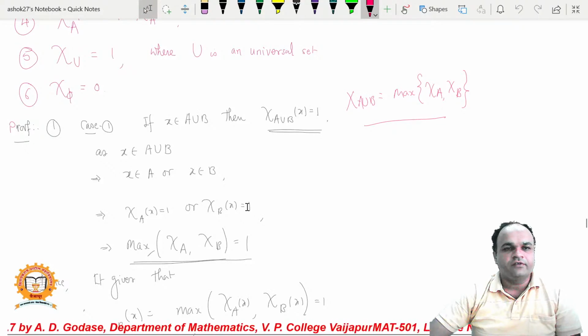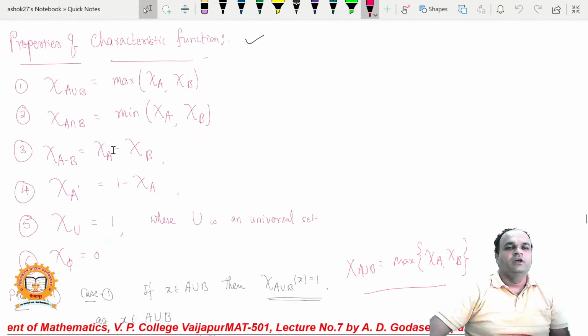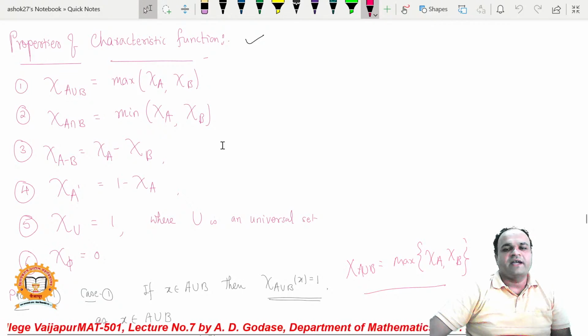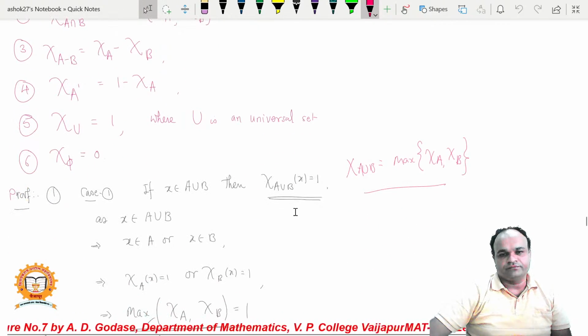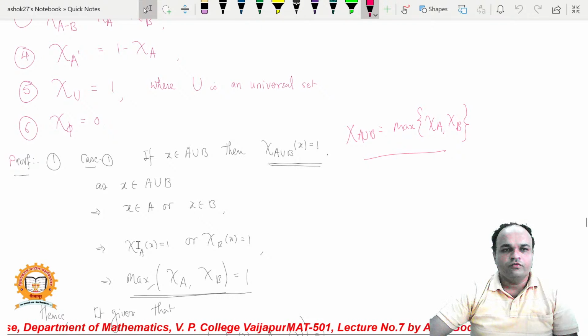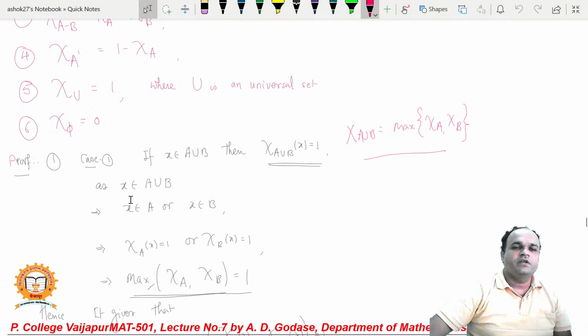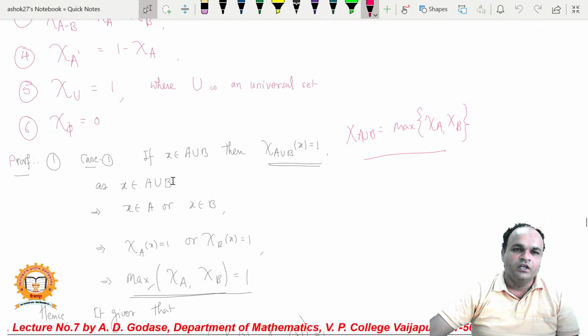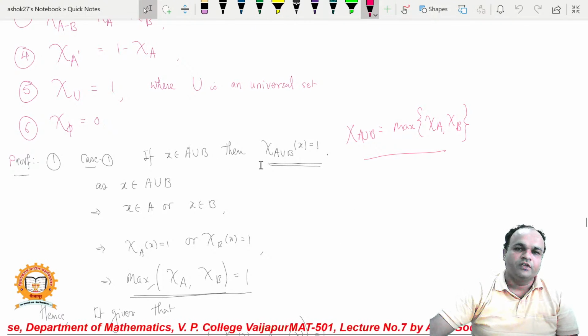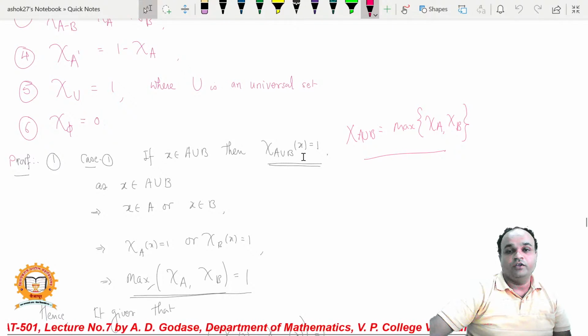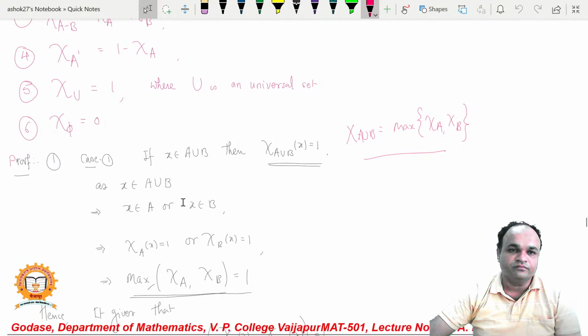After that we proved the first property, that chi of A union B equals the maximum of chi of A and chi of B. How do we prove this? For that we consider two cases. Case 1: if x is an element of A union B, then obviously chi of A union B of x will be 1.